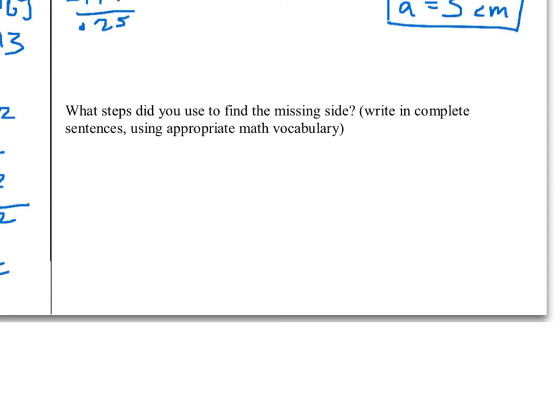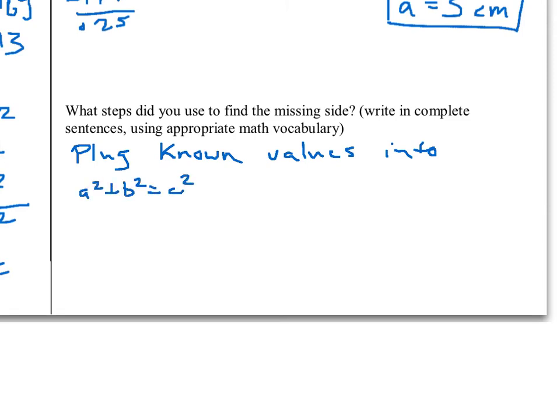Honestly, if you have a good understanding of how to solve equations, it is actually as simple as this: you could write, plug known values into a squared plus b squared equals c squared and solve for the unknown. Okay, it could be as simple as that.